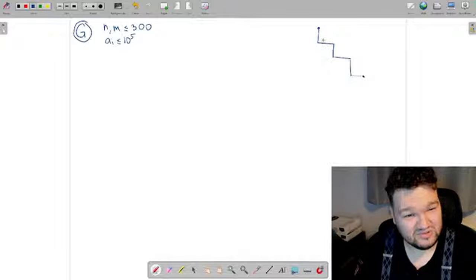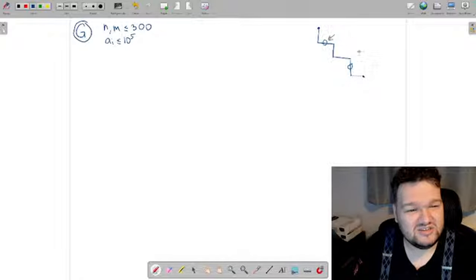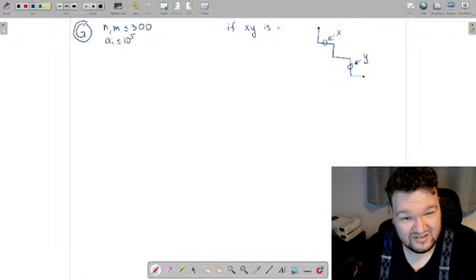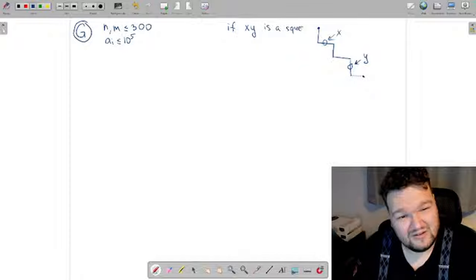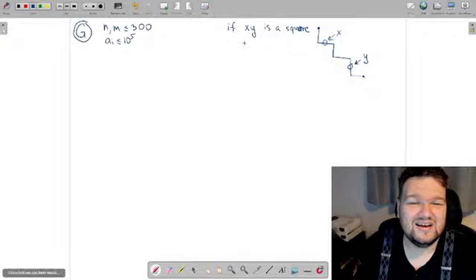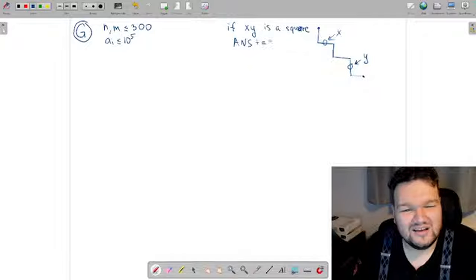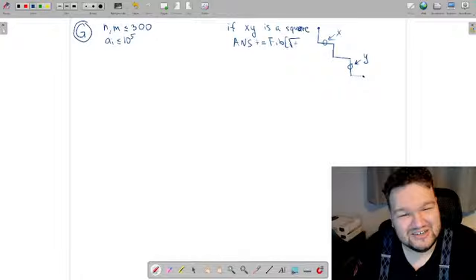For the path, we're looking at some two positions on the path. Look at the values here, and if x times y is a perfect square, then we add to the answer Fibonacci of square root of xy.